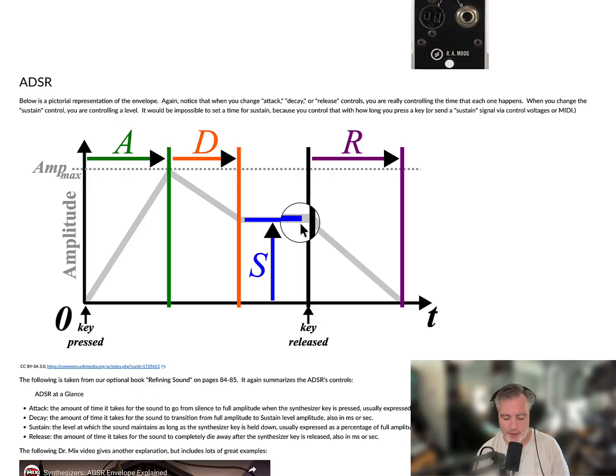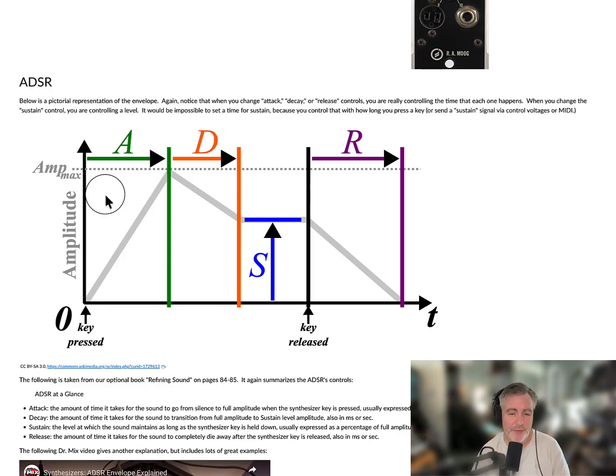Then I can release my finger, which is maybe where we get the term release from, and that is how long it takes for the sound to completely die away. So again, attack is a length of time for it to get up to the max. Decay is a length of time it takes to get down to a sustained level.